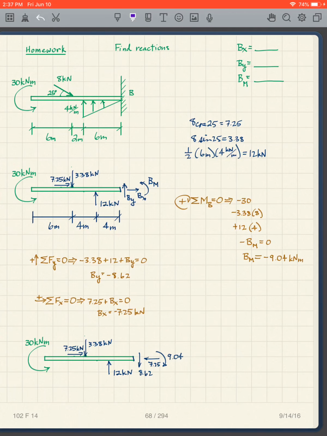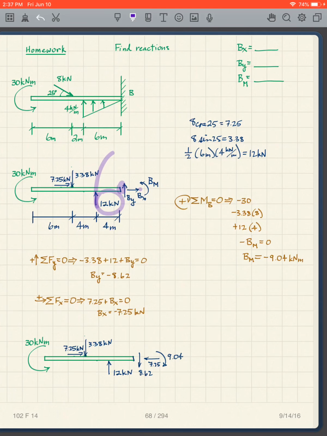And if I take moments about B, so I'm taking moments about this point, what do I have when I go through? I've got that's counterclockwise, so it's going to be negative 30. That's going to be negative 3.38 times 8, counterclockwise.